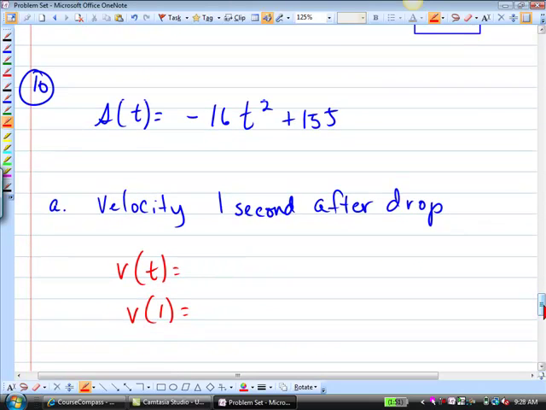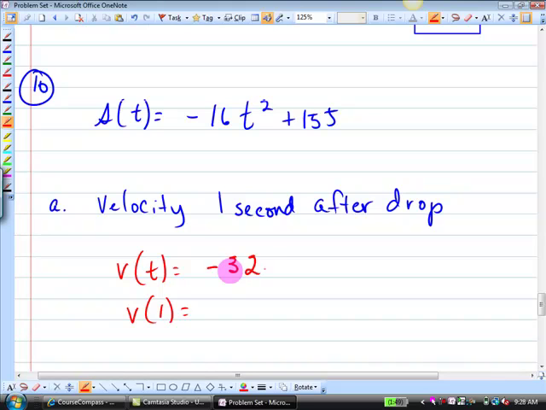Now, number 10 has some other things. Gives you a position function and says velocity 1 second after dropping. Well, what's the first thing we need to do? We need to find the velocity function. What's v of t? That means take the derivative of that guy.